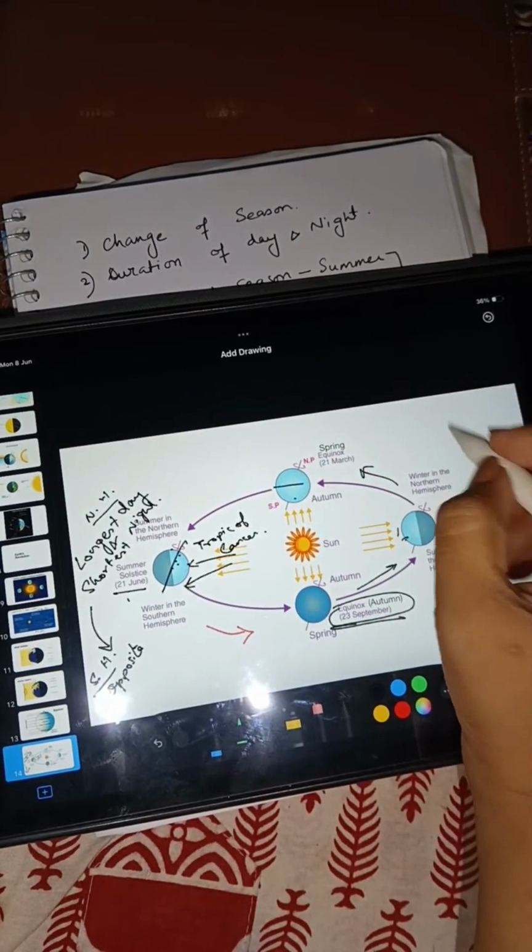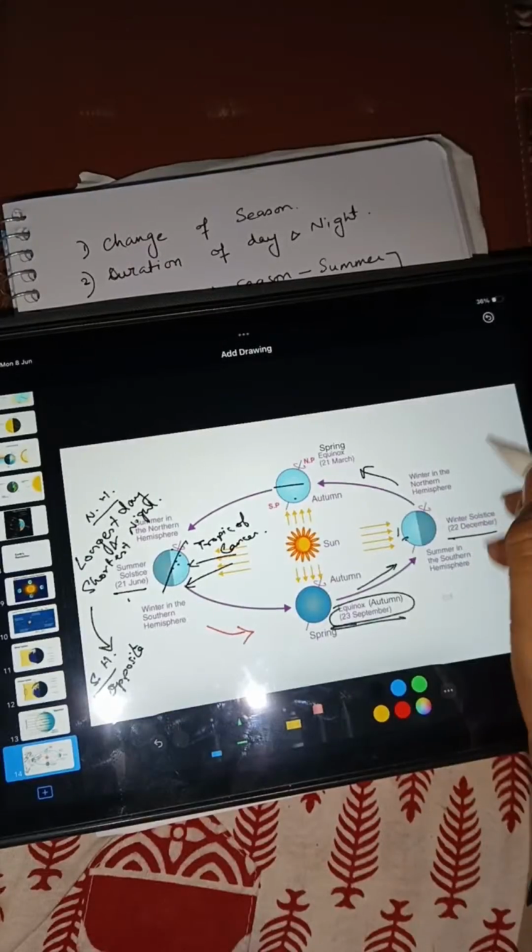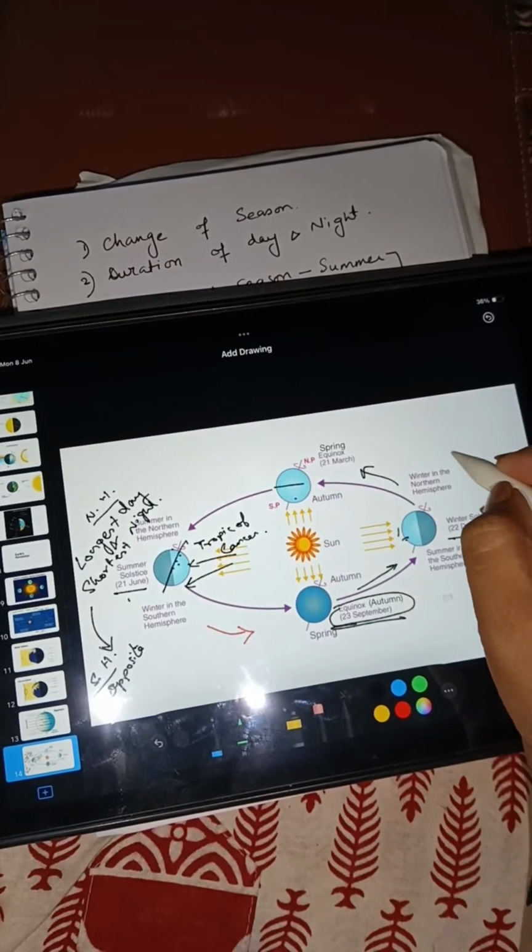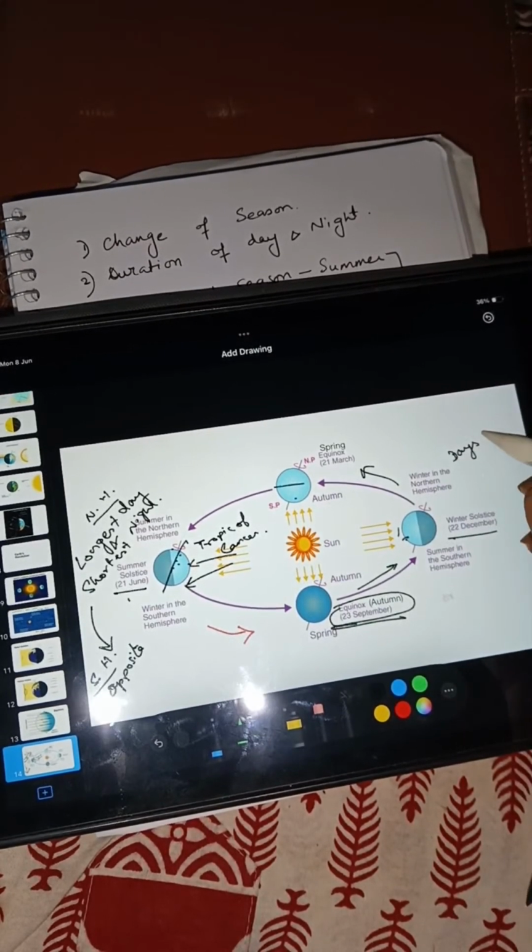So after winter solstice, days start increasing in length and nights get shorter.